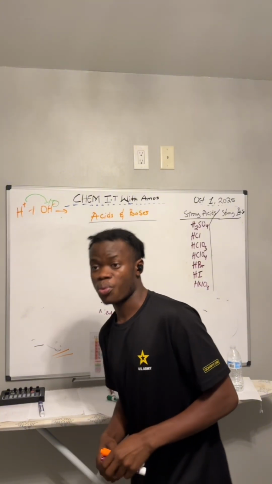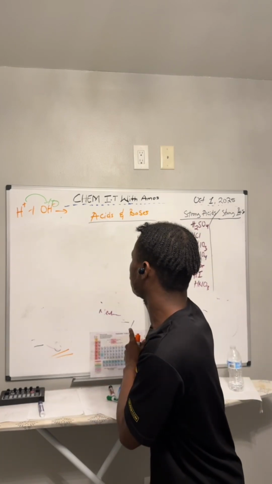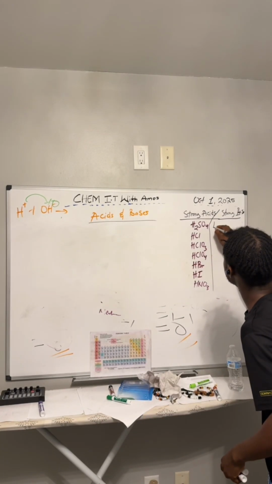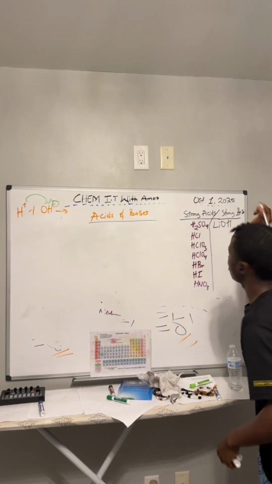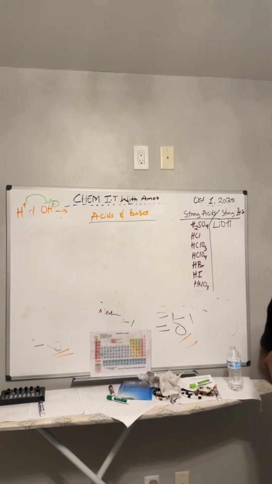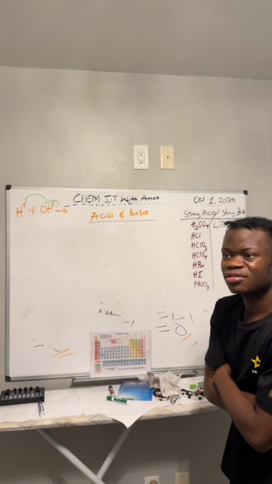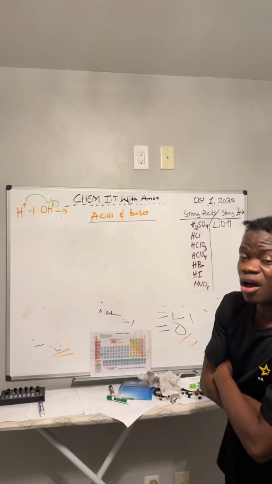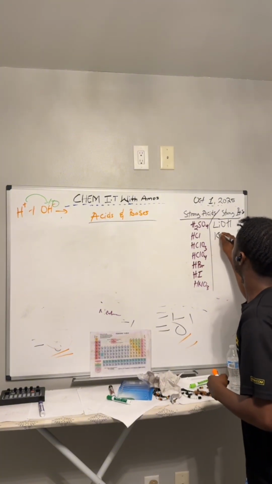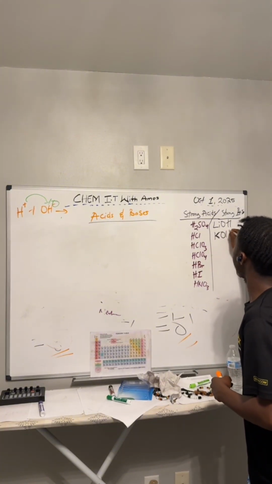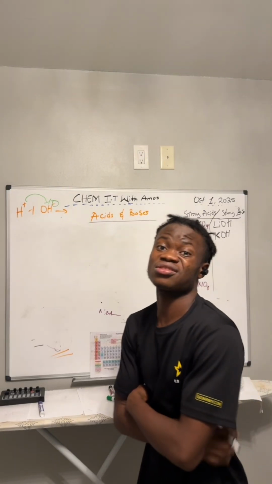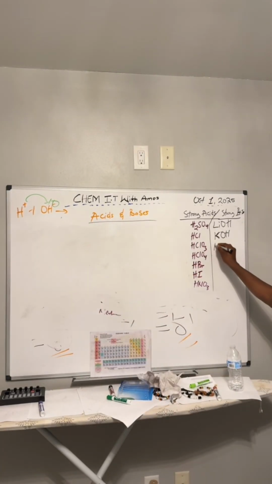If we bond that with hydroxide ion, we have lithium hydroxide. We have potassium, which is K in group 1 of the periodic table, so it becomes KOH. What's the next one we know? Sodium hydroxide, NaOH.